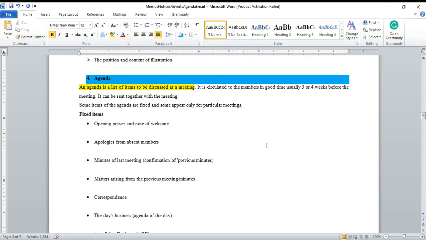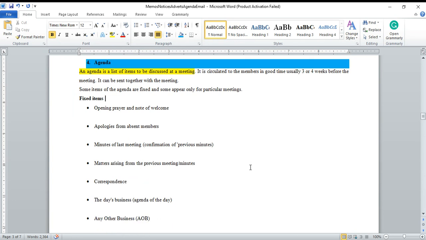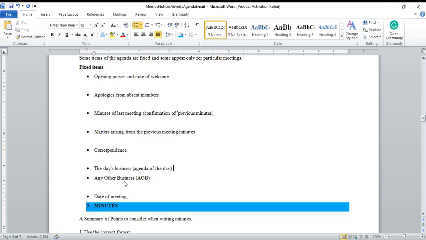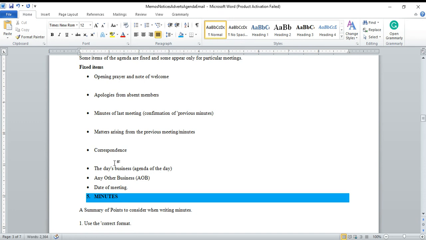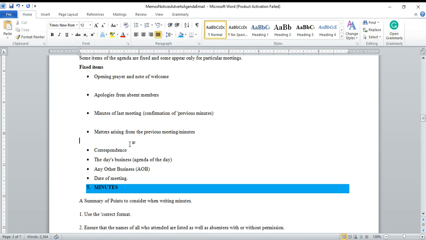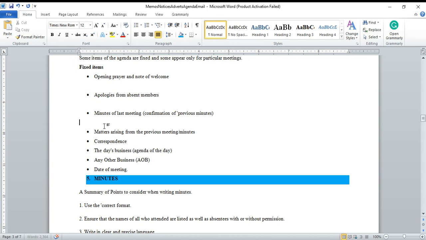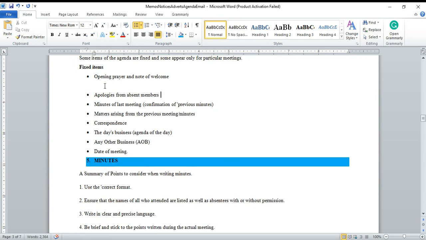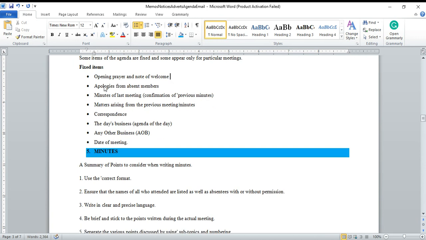Then we have minutes of last meeting, confirmation of previous minutes, matters arising from the previous meetings, correspondence, then the day's business. Then we have any other business or AOB. Correspondence means the reaction or any communication to that one. So these are examples of fixed items on an agenda.